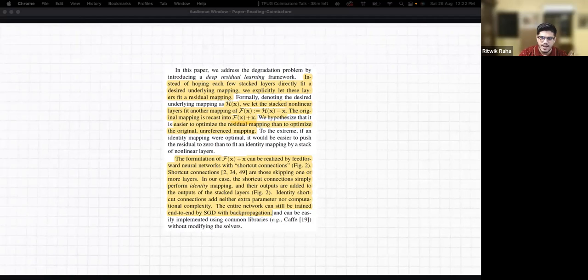These connections make the learning process easier without adding extra complexity, because you're just adding the original information after a couple of layers. You're not multiplying something or doing some computation that increases complexity.